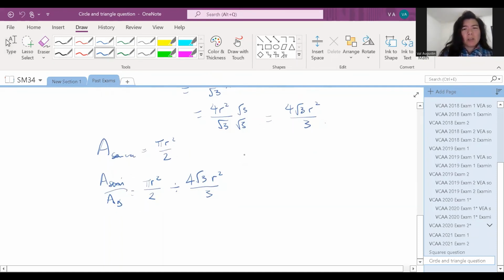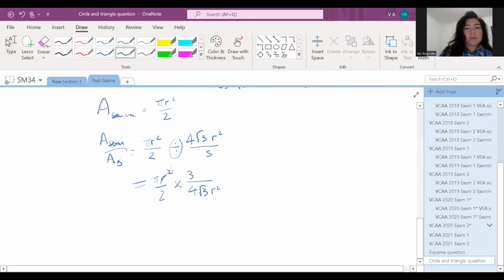So what you do is you flip that over, it becomes times, and the rest reciprocates. That means I can cancel my r squareds, and I will have 3 pi over 8 root 3.